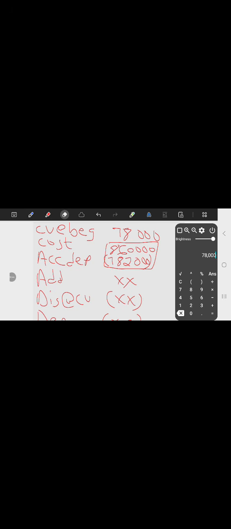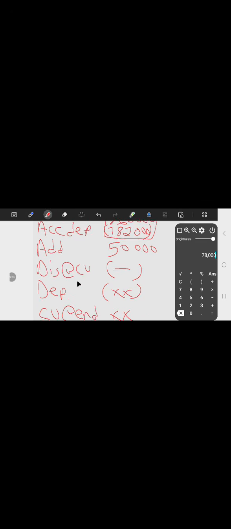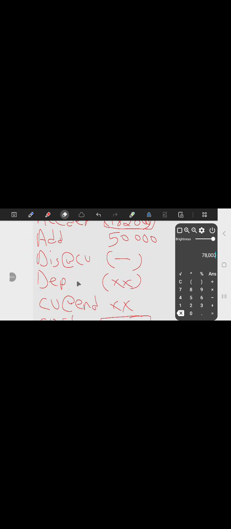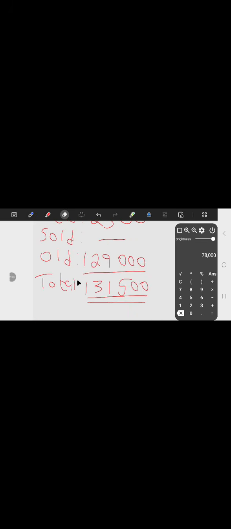And we have our addition here, which is our 50,000. And then disposal, we didn't dispose anything. Depreciation for the year, let's leave it like this for now. Or for now, let's put the one that we have calculated, 131,500 for now.